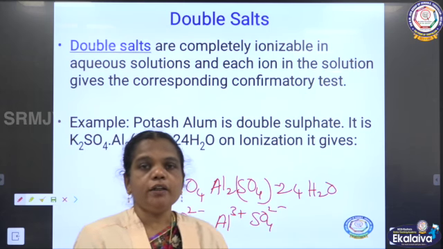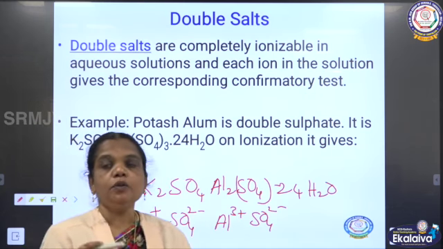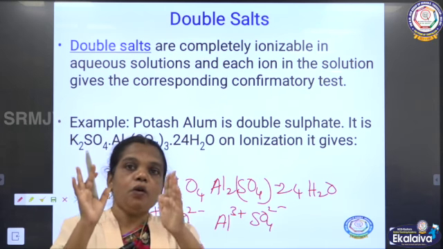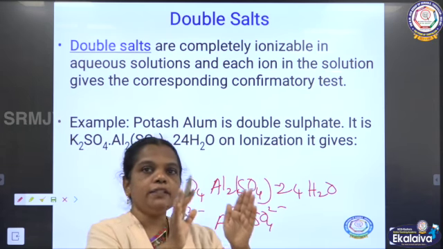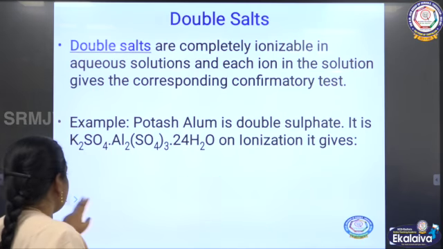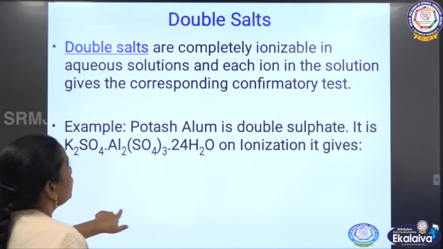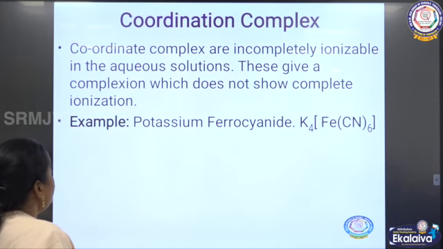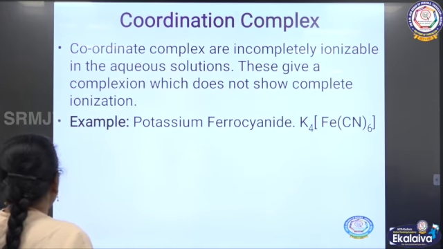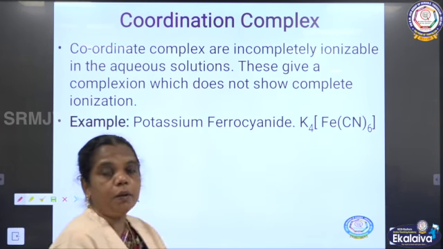So, this is the difference between the double salt and the coordination compound. The coordination compound can be ionized in two different ways: within the coordination compound, one is the ionizable part, another one is the non-ionizable part. In the double salt it is going to be ionized completely.